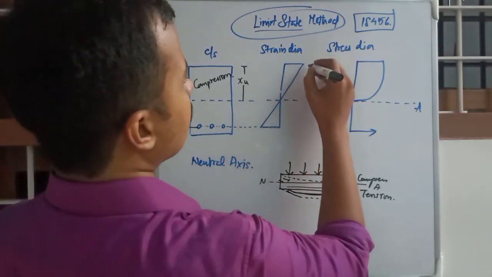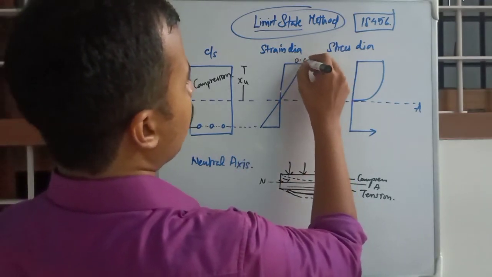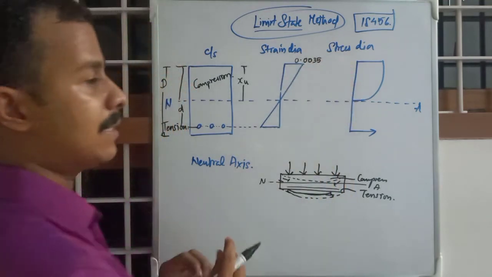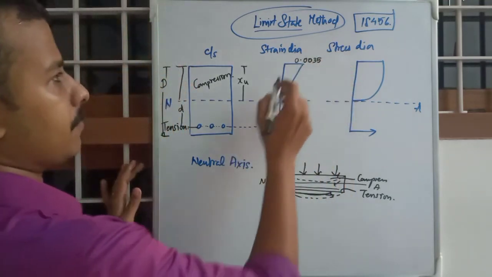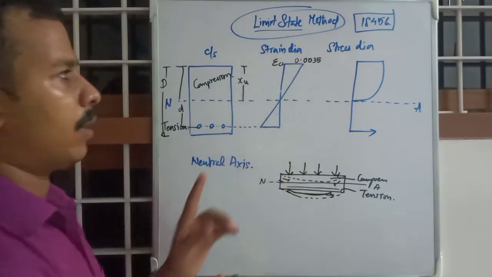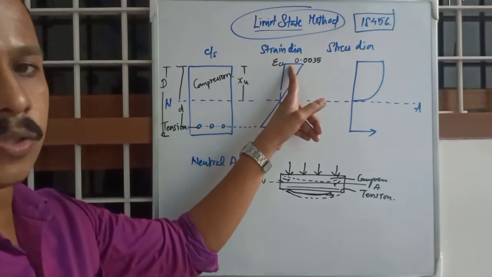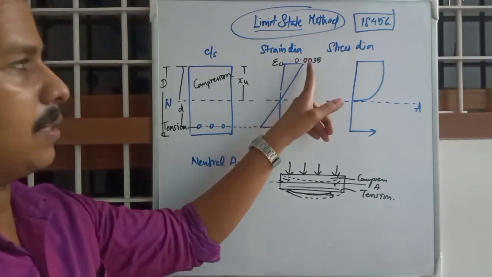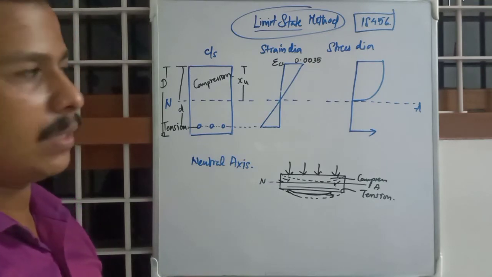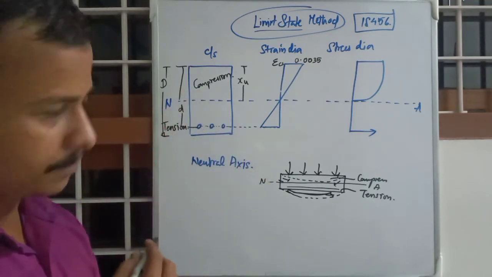You assume that 0.0035 is the maximum strain that is experienced at the farthest concrete fiber, 0.0035. Okay, that is 0.35%.